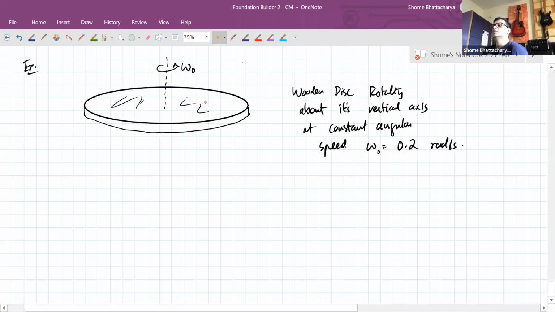Now on its surface, there is a particle of mass m, which is at a distance r from the axis.